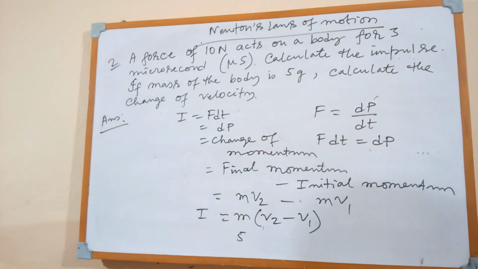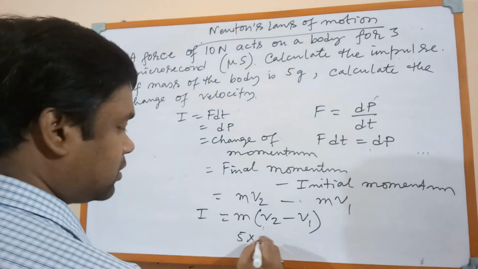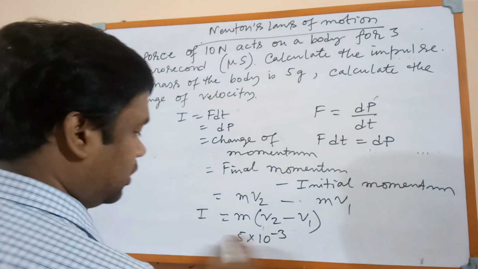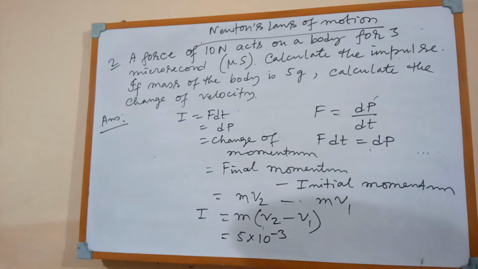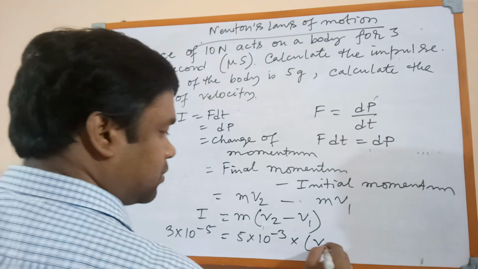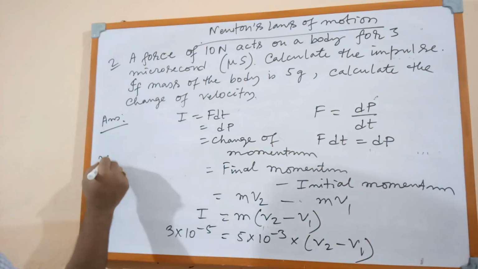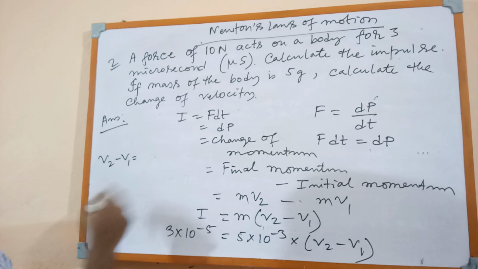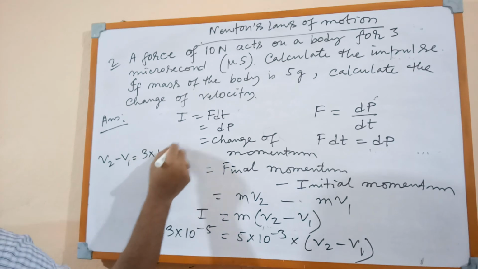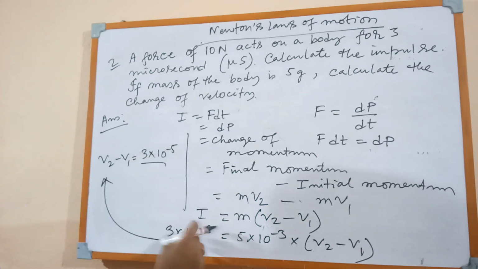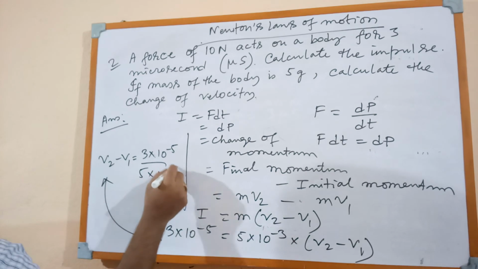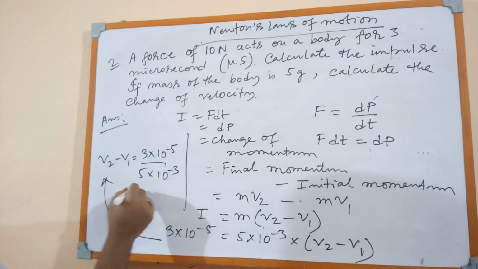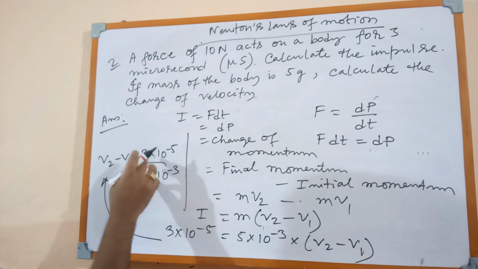You have to convert the mass into kilogram, that is 5 into 10 to the power minus 3 kg. The impulse is 3 into 10 to the power minus 5, so v2 minus v1 will be 3 into 10 to the power minus 5 divided by 5 into 10 to the power minus 3.